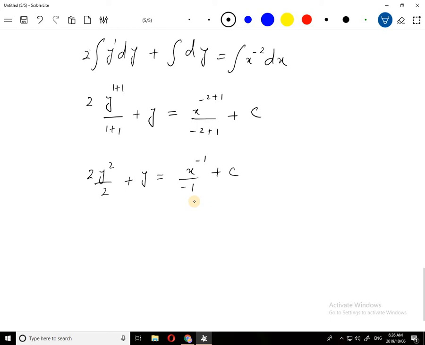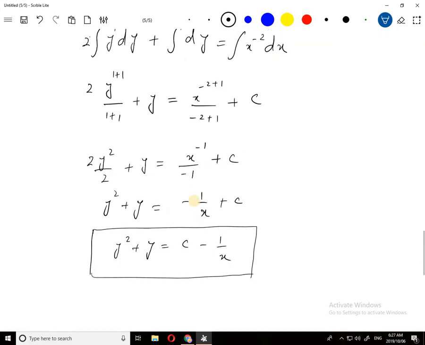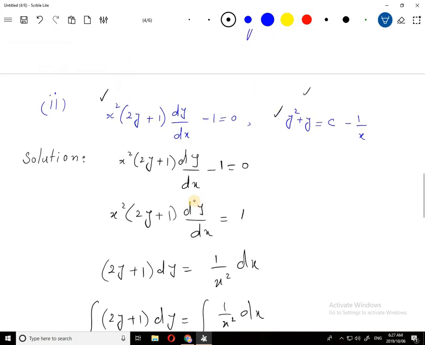So y square plus y equals minus 1 over x plus c, and if I just arrange the terms, I get this answer, and this was the answer given against the differential equation. y square plus y equals c minus 1 over x.